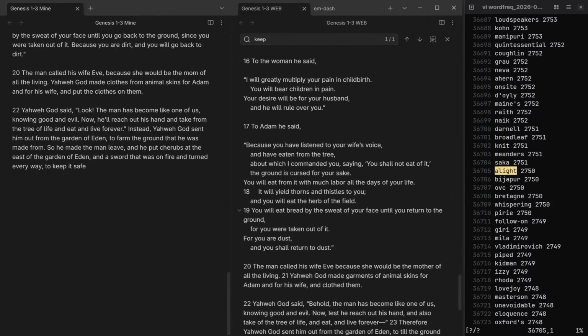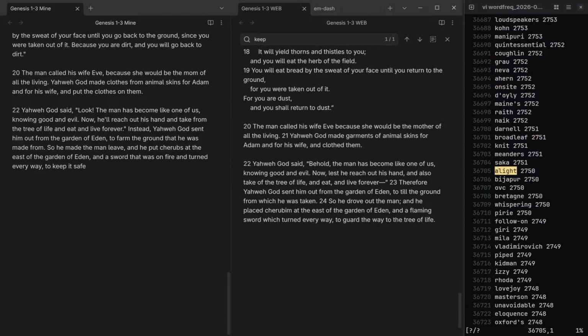22. Oh, we're almost at the end. This is good. Okay. To guard the way to the tree of life. Right.